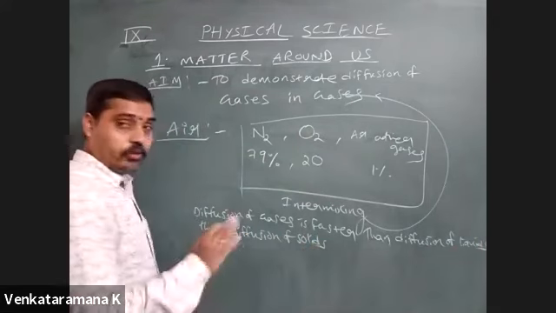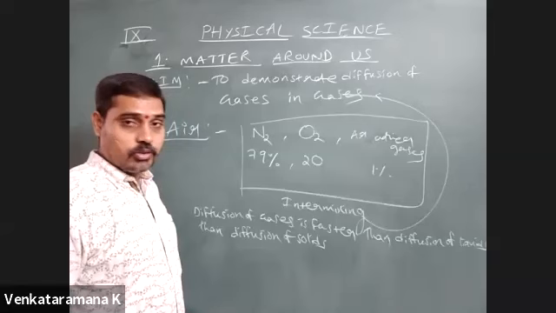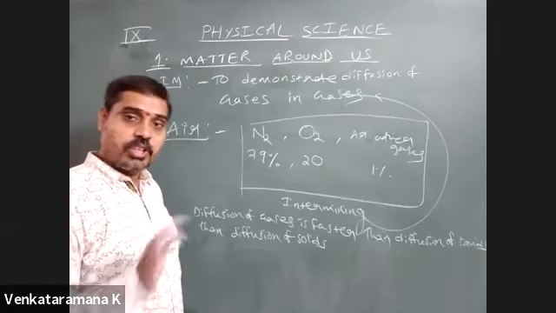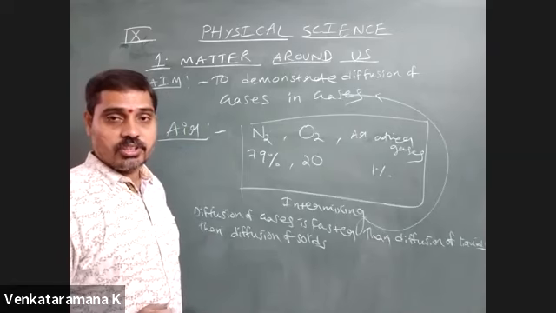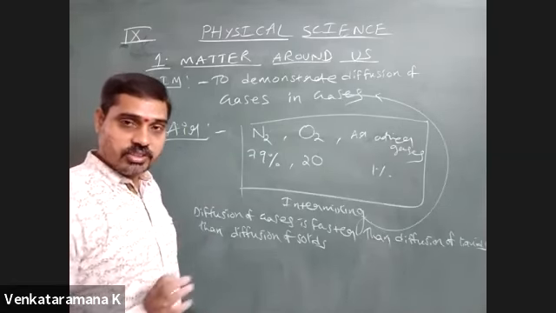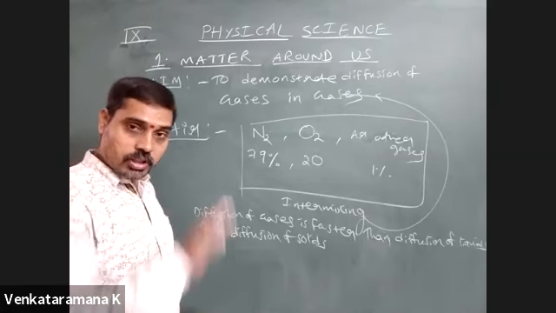But we have various types of diffusion. What are the various types of diffusion? Diffusion of solids in solids, diffusion of solids in liquids, diffusion of liquids in liquids, diffusion of gases in liquids, and diffusion of gases in gases.